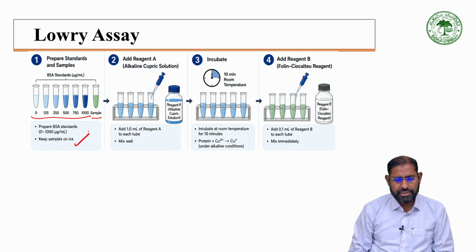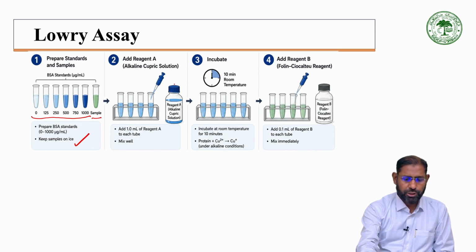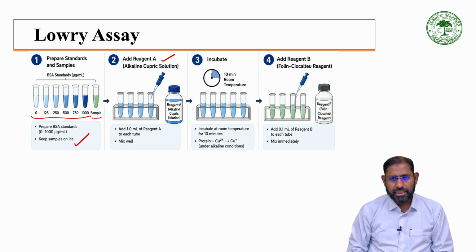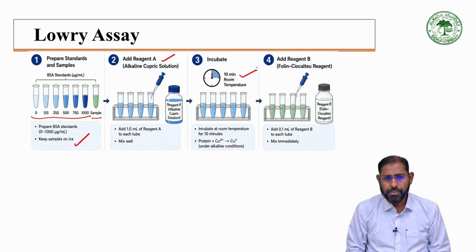Then we add reagent A, that is alkaline cupric solution. So we have to add 1 ml of reagent A in each tube and mix well. Then we have to incubate for 10 minutes at room temperature.